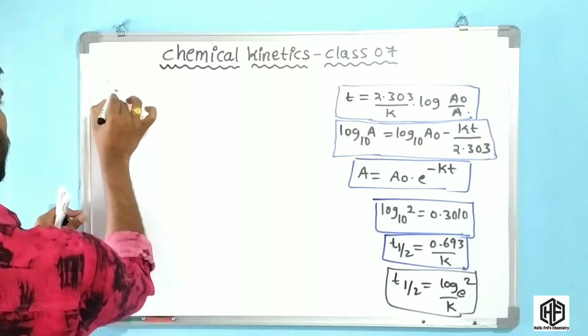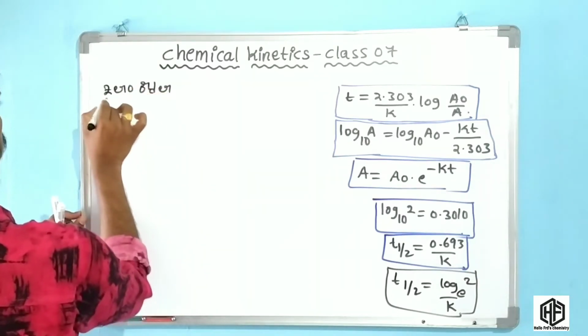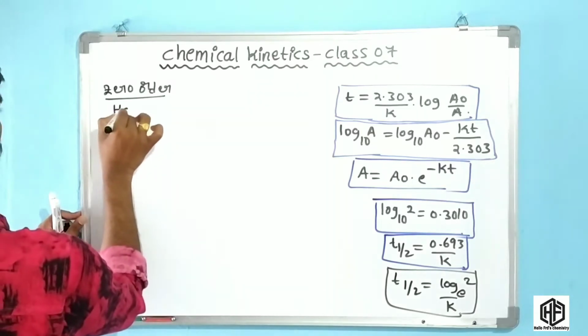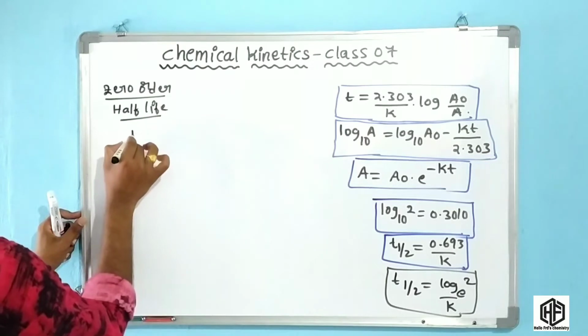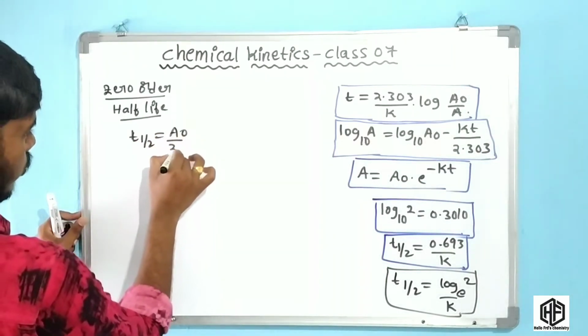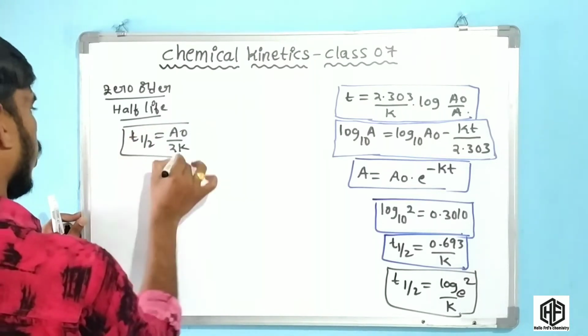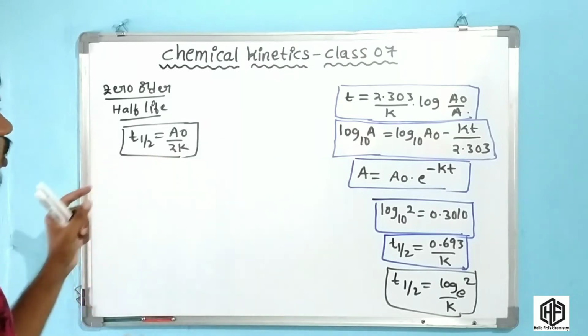Friends, you know that for zero order, the half life t half is equal to A naught by 2K. This is the zero order. Okay friends, zero order half life t half is equal to A naught by 2K.